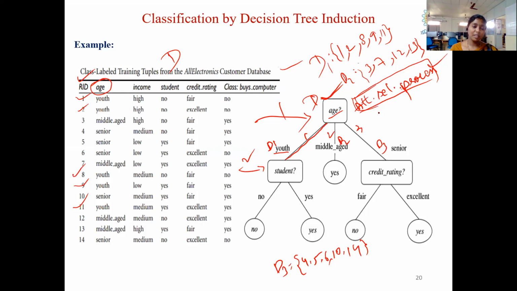Since in this particular example we are having 3 values for the attribute, the data set is partitioned into 3 partitions, 3 splits. We can also call it a split. Remember this terminology also. This terminology is very important in case of decision trees. Split or partition.